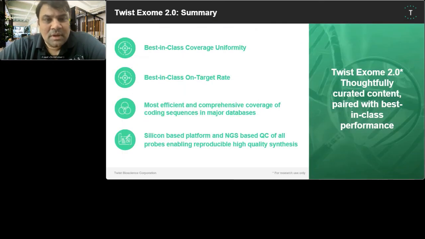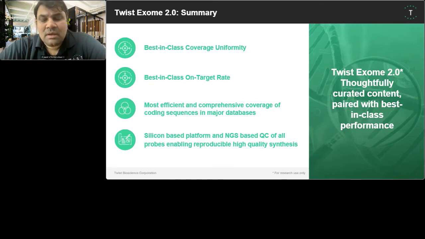So in summary, we have come up with one of the best-in-class products, which gives really the best uniformity out there. And now the on-target rate is better than any other competition. And it has the most efficient and comprehensive coverage of all the coding sequences from the major databases. And we also try to emphasize adding more non-coding region content as well.